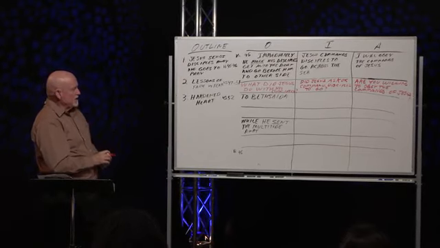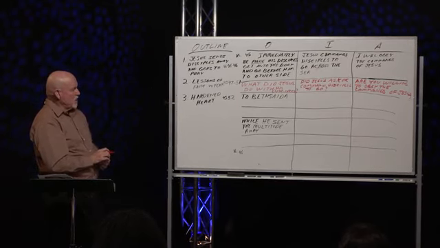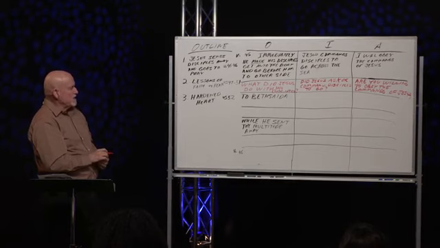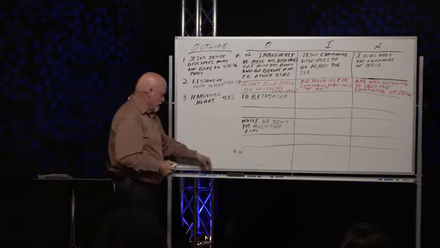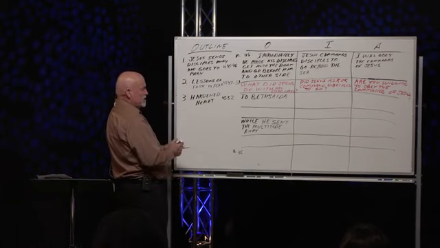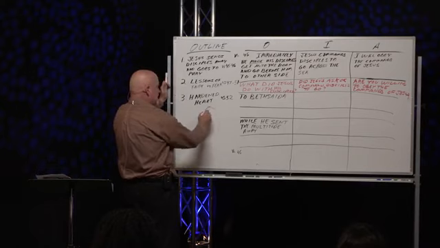So the next thing I'm going to do is ask a question about where he was sending them. We know this is taking place on the Sea of Galilee, and let me just draw a little bit of a sea here.